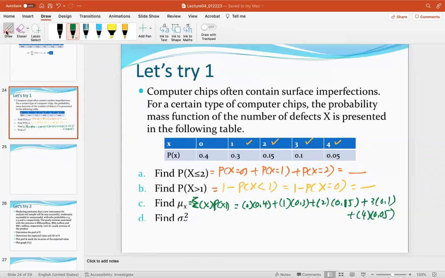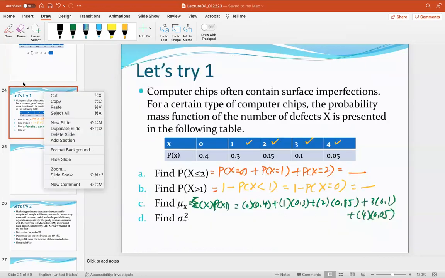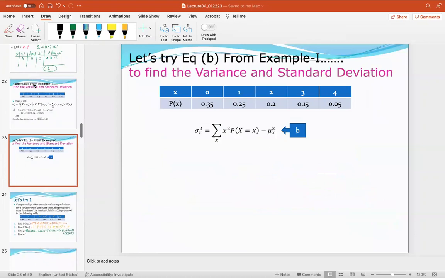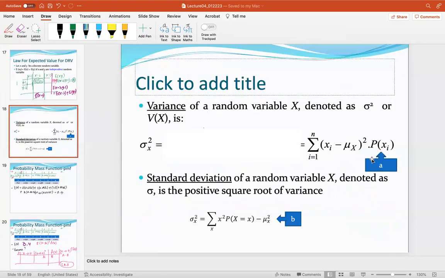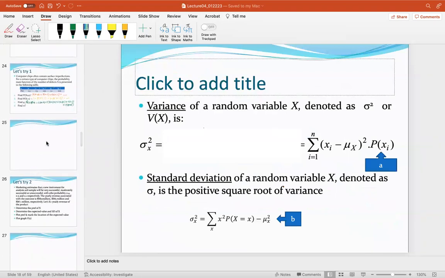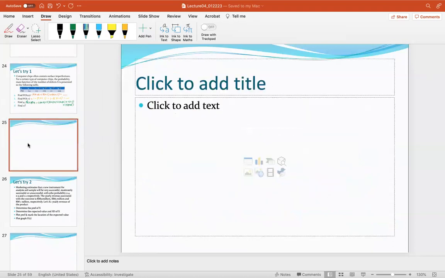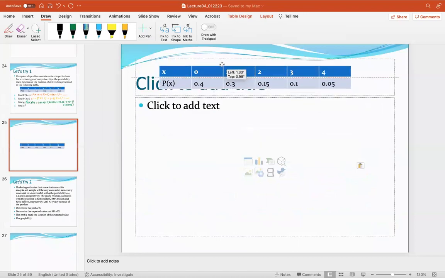You can use equation A or equation B that we have discussed. So in this case, I just copy this, it will be easier for me.